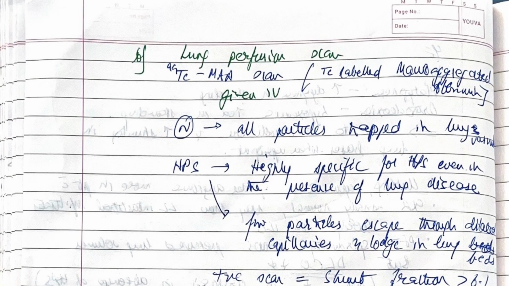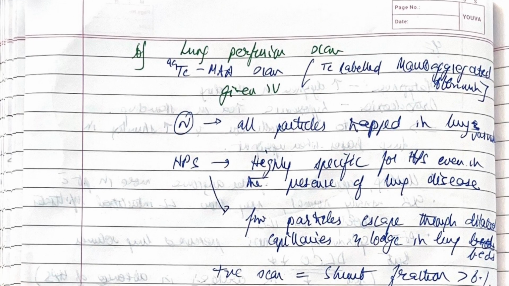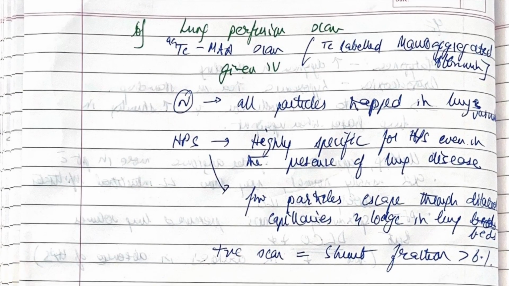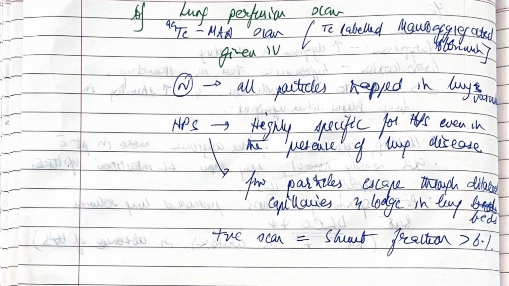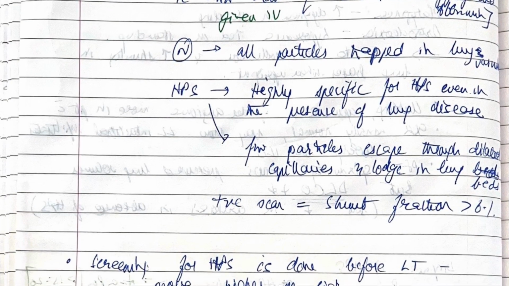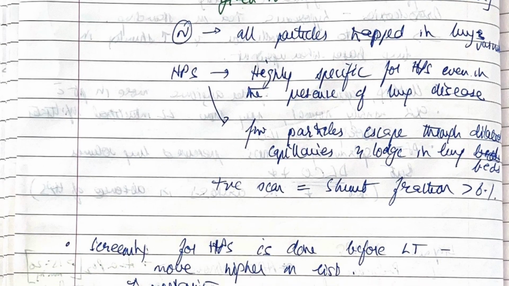The second test we can do is a lung perfusion scan. It's a technetium 99 MAA scan, which is macro aggregated albumin. We give that IV, and normally all particles are trapped in the lungs.